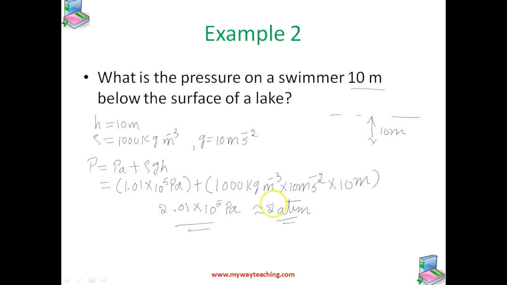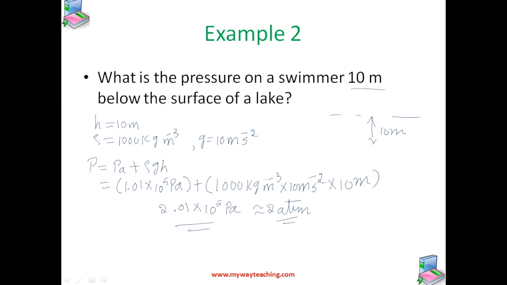In other words, we can express this in terms of atmosphere, that is 2 atmosphere. This is a 100% increase in pressure from surface level. At a depth of 1 kilometer, the increase in pressure is 100 atmosphere. Submarines are designed to withstand such enormous pressure. As we go deeper and deeper, that pressure will increase enormously.